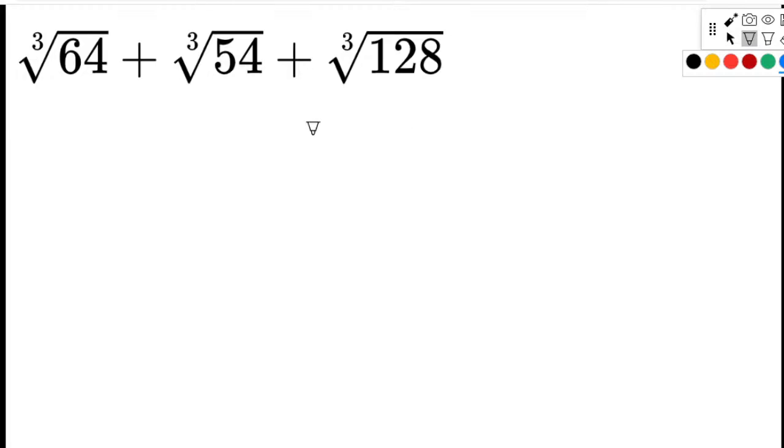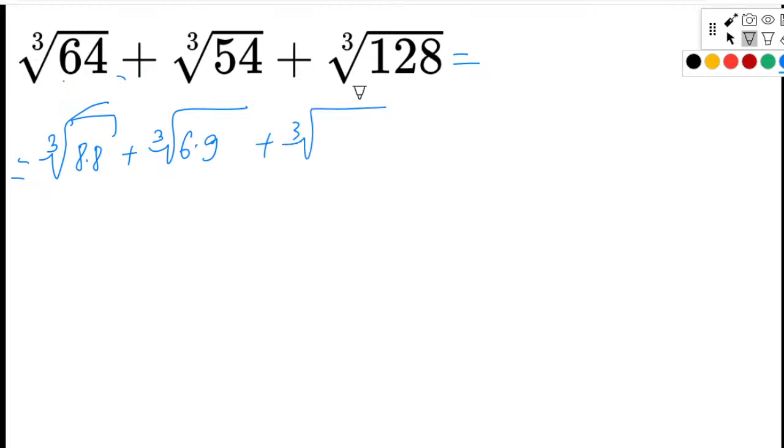It looks like we can't get any cubic root from out of any of them, so what are we gonna do? But when we see such questions, we just need to do what we can do, and then everything will be easier. Let me write it as 8 multiplied by 8. 54, it's 6 times 9 plus 3. 128, it's 64 multiplied by 2.